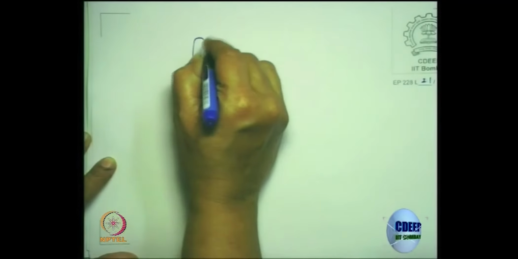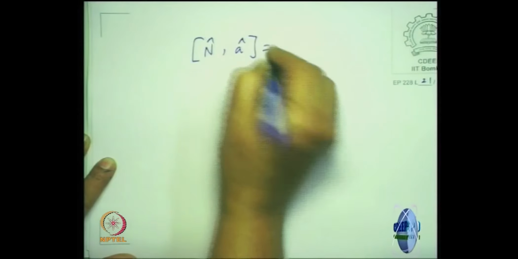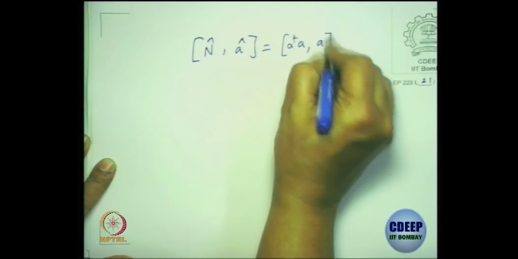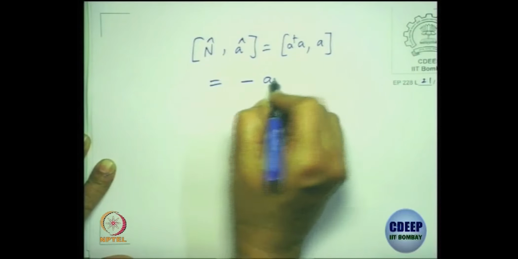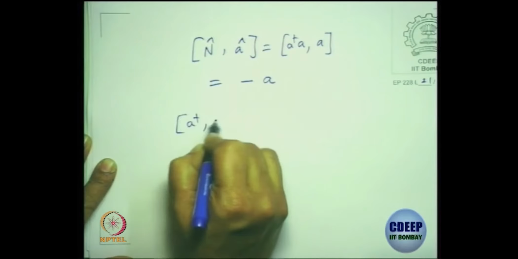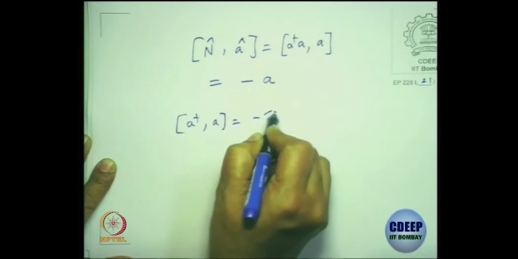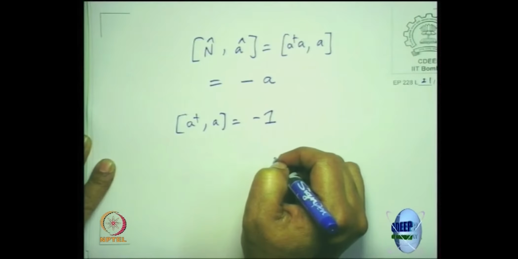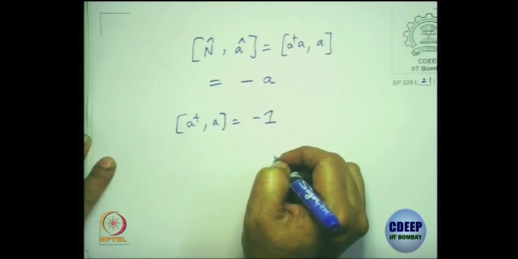What is the commutator of the number operator with the A operator? It is A dagger A with A, which is nothing but minus A, because A dagger with A is minus 1. Correct? Everybody is with me?